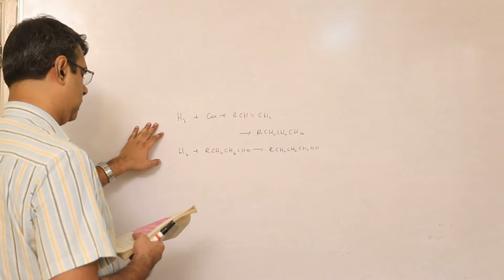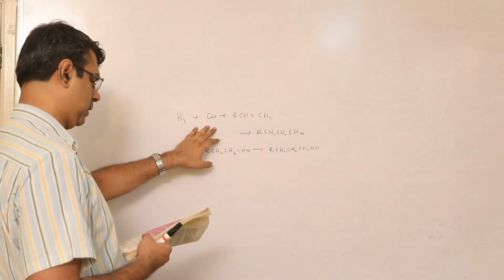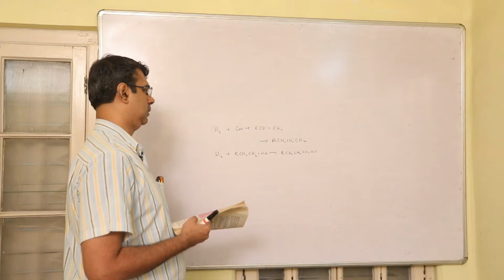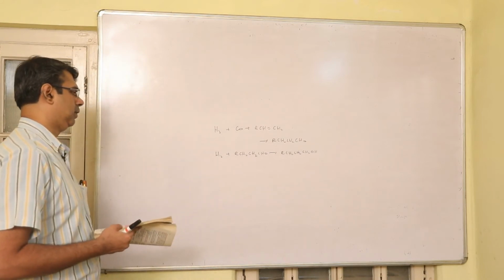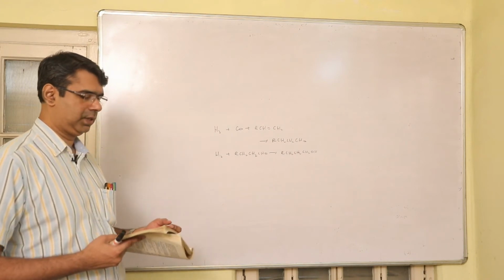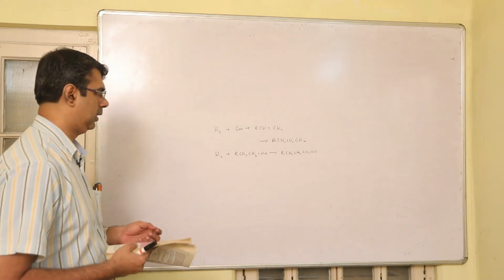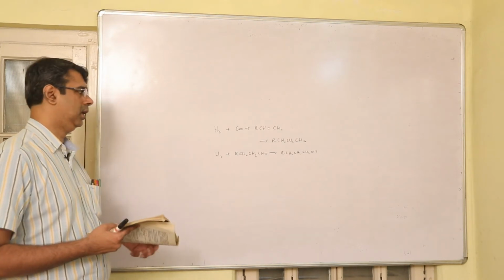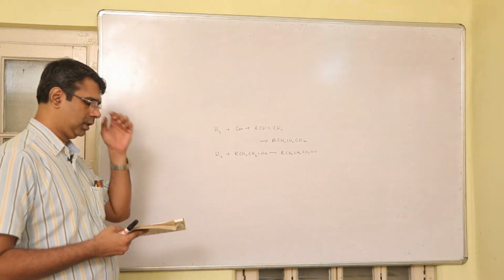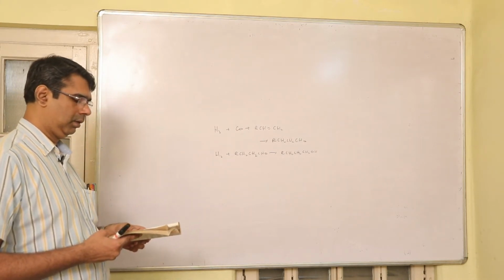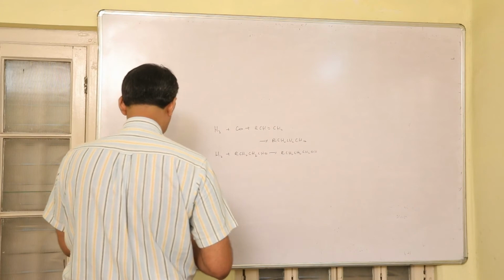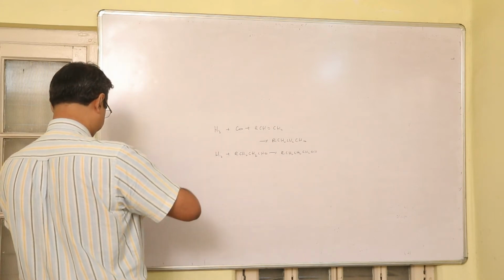So in hydroformylation of alkenes, H2 plus CO gives aldehyde, and that aldehyde may further reduce to give alcohol. Apart from hydroformylation, another very well-known reaction of hydrogen in organic chemistry is reduction of alkenes to alkanes. You know that reduction has got practical uses. It is used to convert vegetable oils into fats. For example, oils into vanaspati ghee.